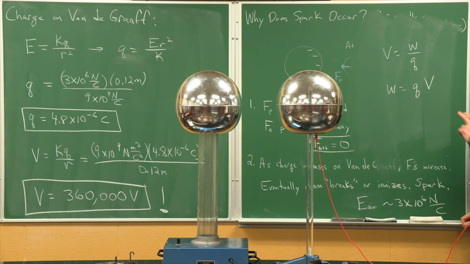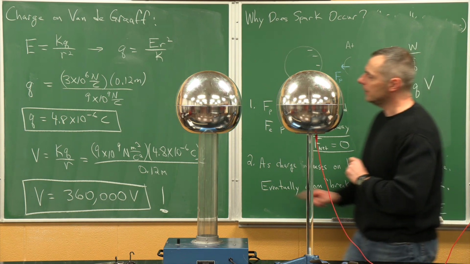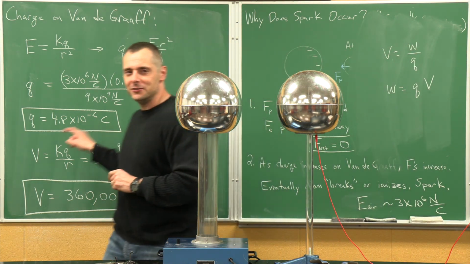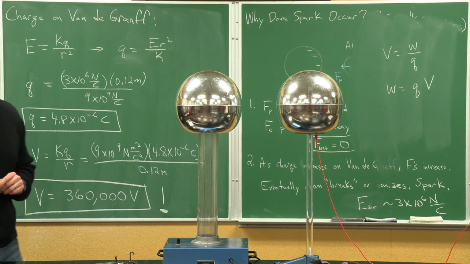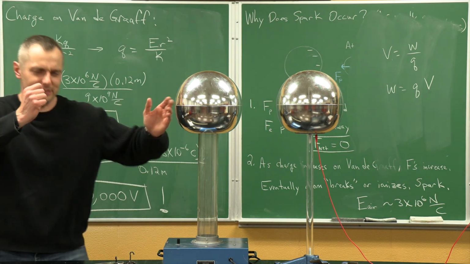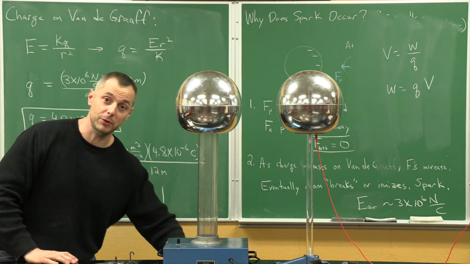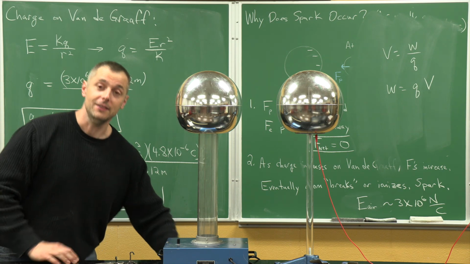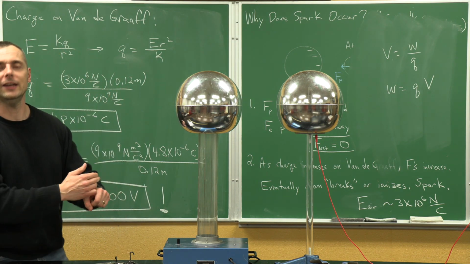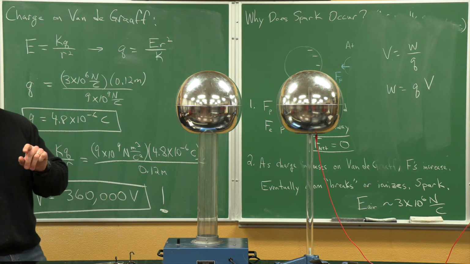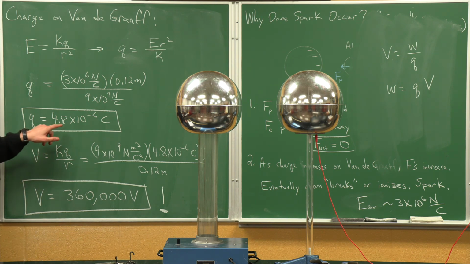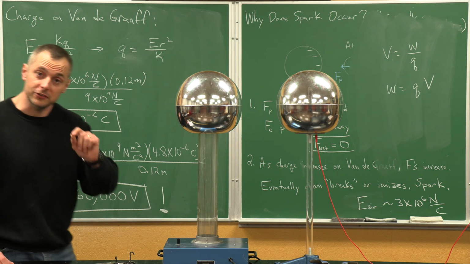So I am getting 360,000 volts as thrust per charge on a single electron, and there's only a tiny bit of them on the Van de Graaff. So sure, they slam into my hand harder than if I put my hand in the socket. Then the electrons sort of hit my hand at a slower velocity. But here there's very little charge, so it doesn't kill me.